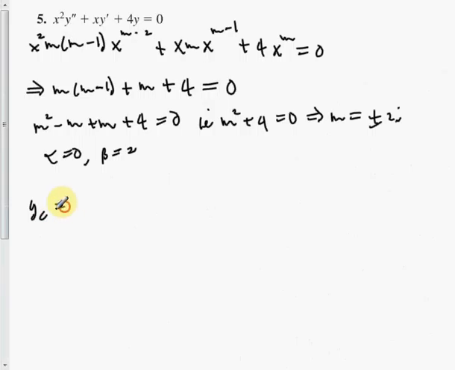So y sub c is c sub 1 times cosine of 2 natural log of x plus c sub 2 times sine of 2 natural log of x. So there is no x really to the alpha. I mean, it is, but alpha is 0, so x to the 0 is 1. Okay. Any questions there?